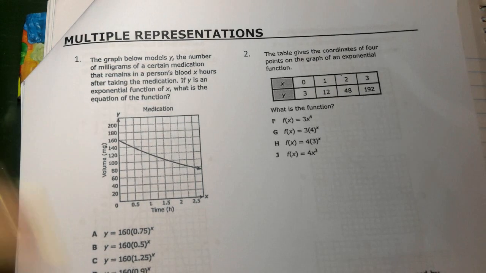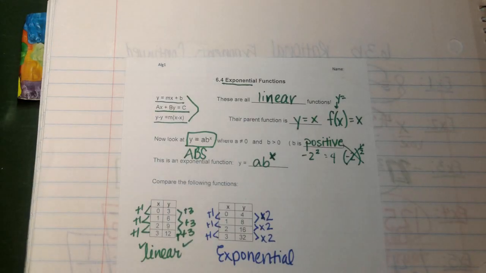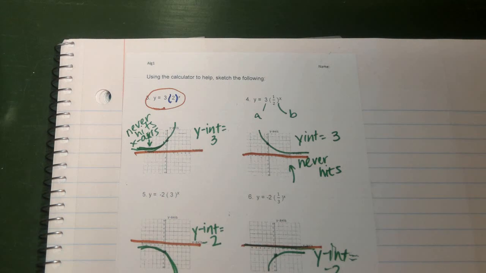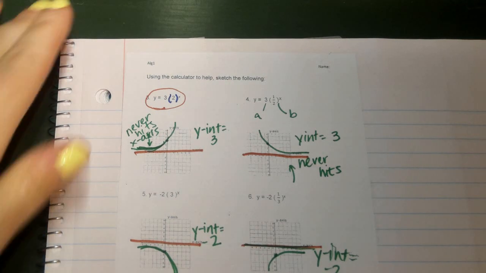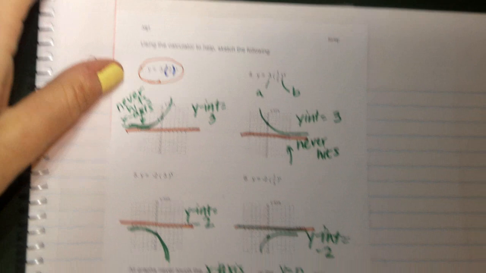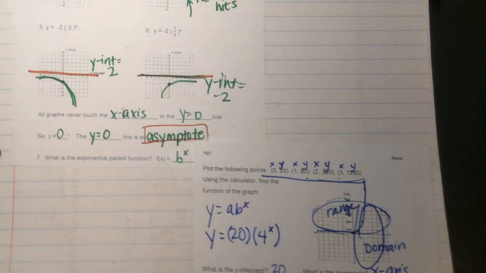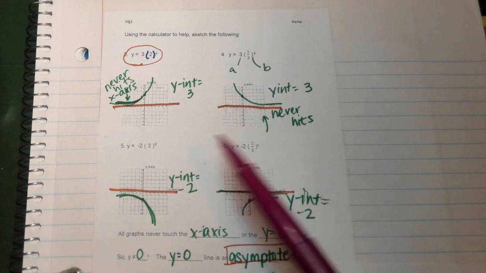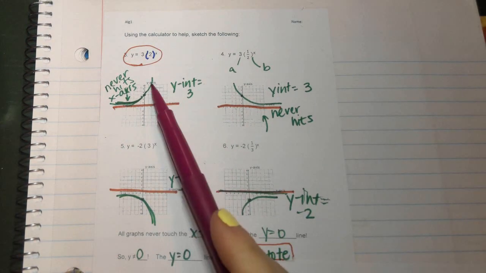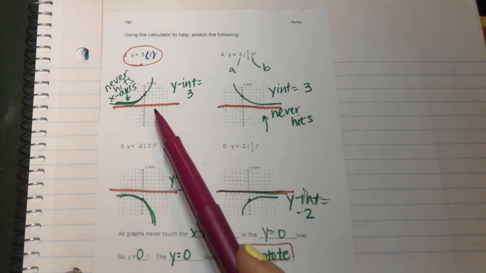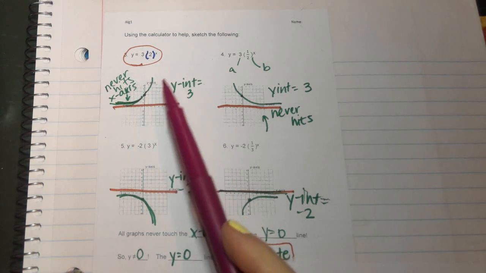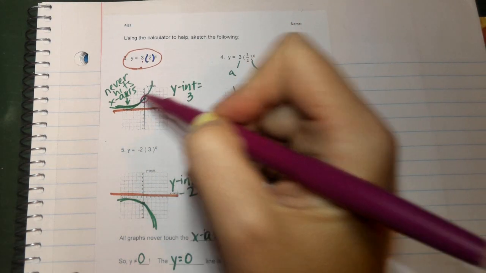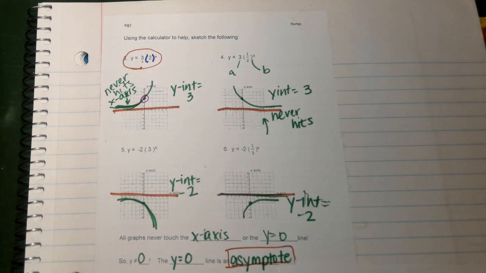Okay, so if we look at some examples in our notes, like this is the second page of that 6.2, we look at some graphs where we're looking at exponential functions. We can see that, like in this one, 3 is where it crosses, that's their y-intercept.